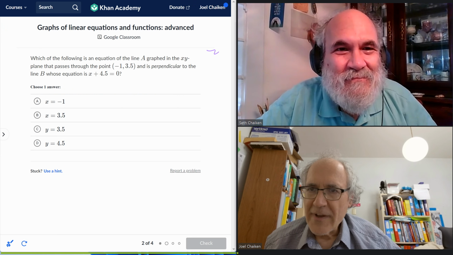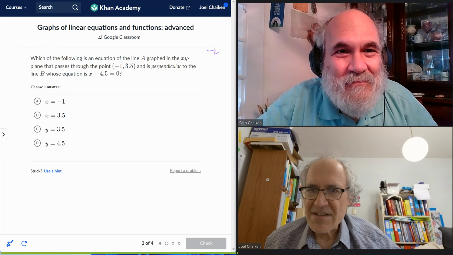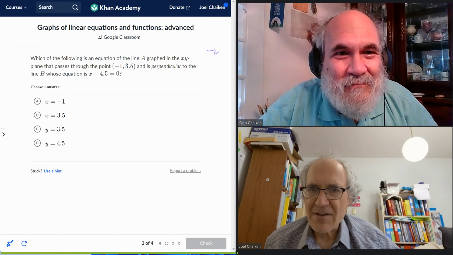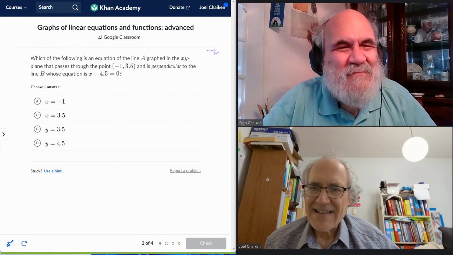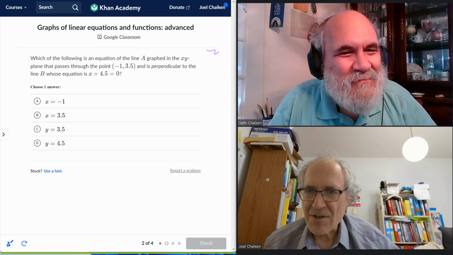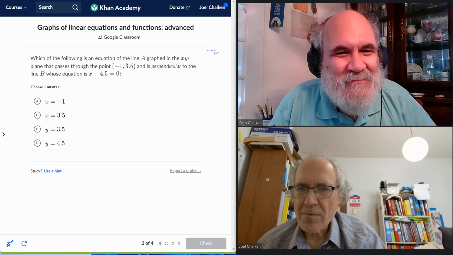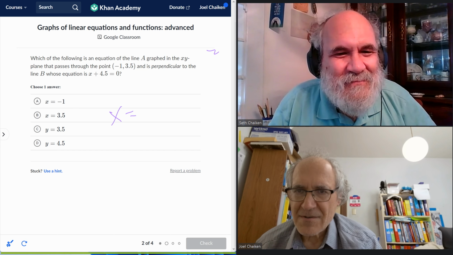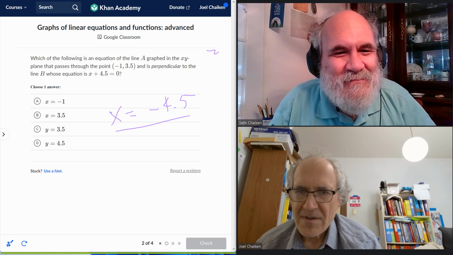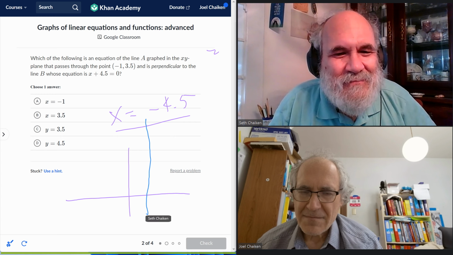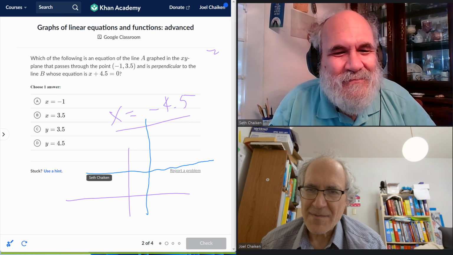Okay. Which of the following is an equation of the line A graphed in the xy plane that passes through that point and is perpendicular to the line whose equation is x equals negative 4.5? Ooh, I have to process this with a picture.